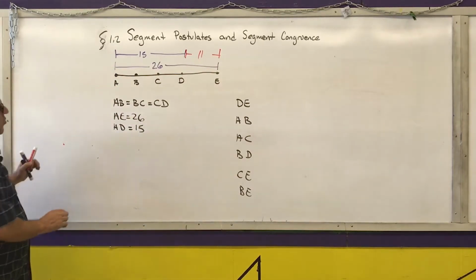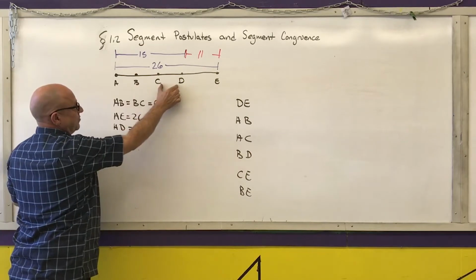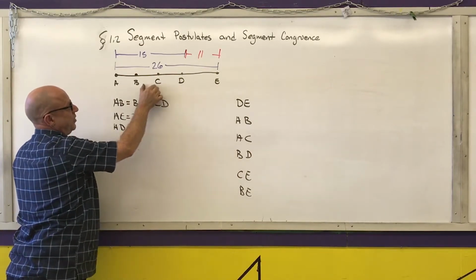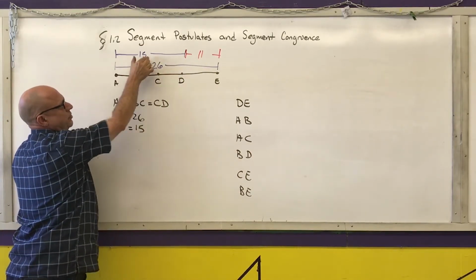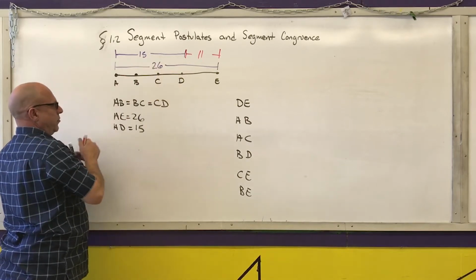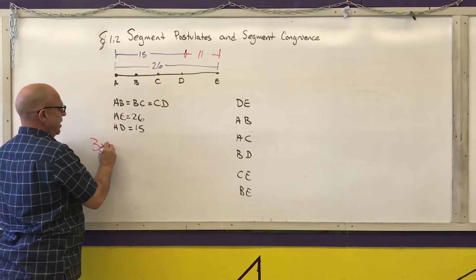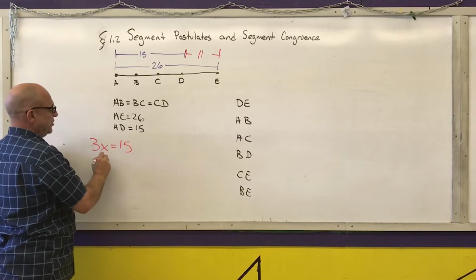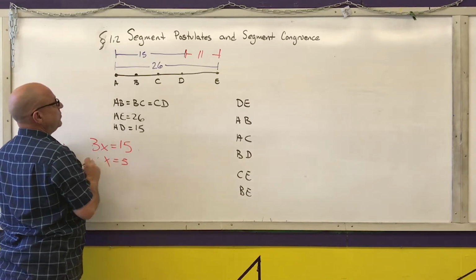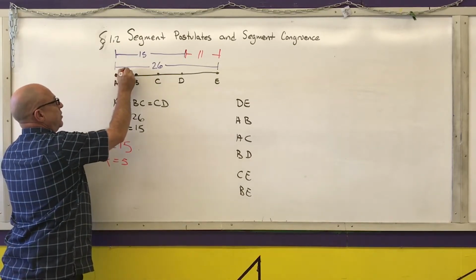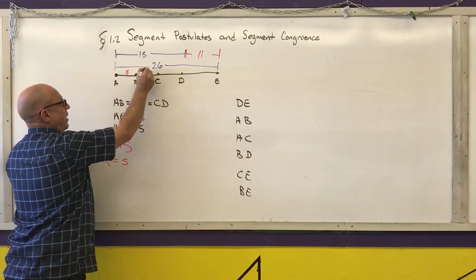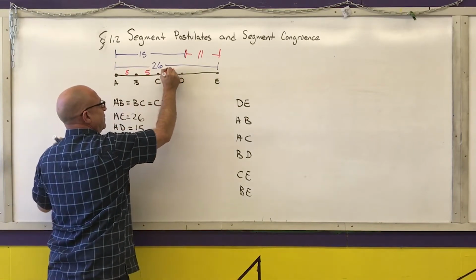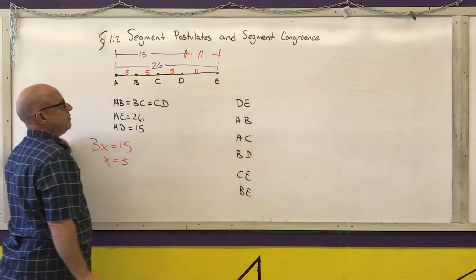The other thing I know is these 3 pieces all have the same length. And if I have 3 things that add up to 15, each of those things is equal to 5. So I'm just going to mark in my distances now. I have 5, 5, 5, and 11.